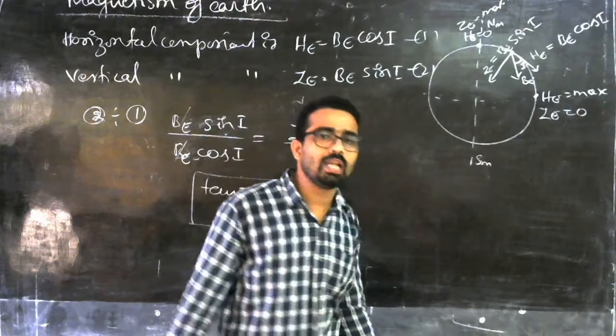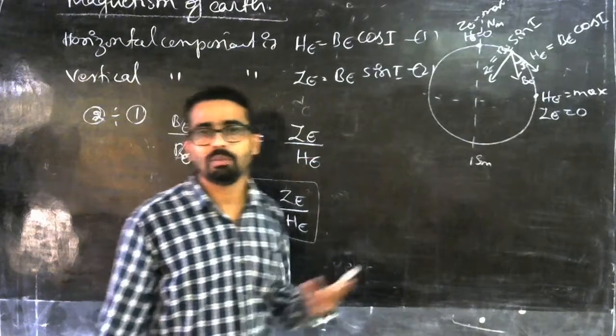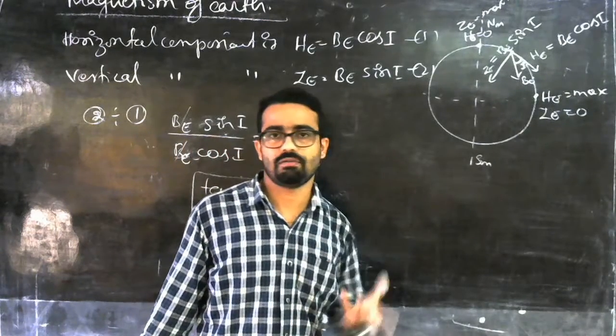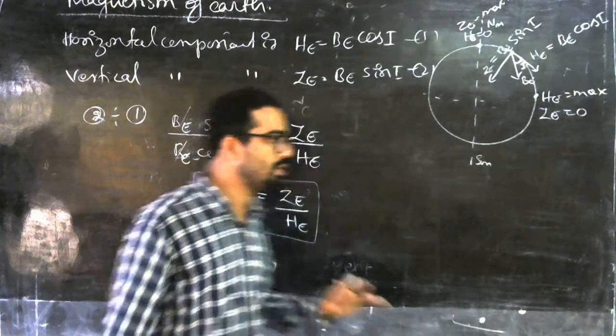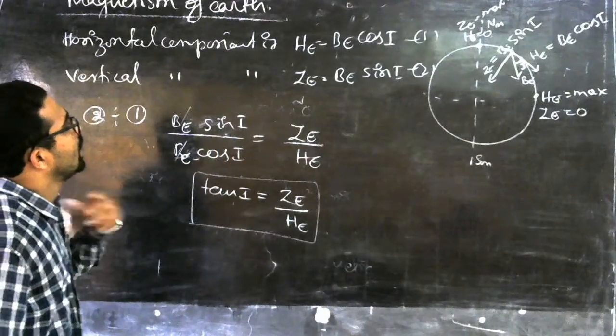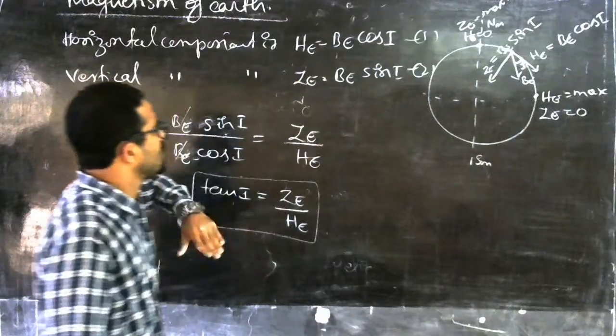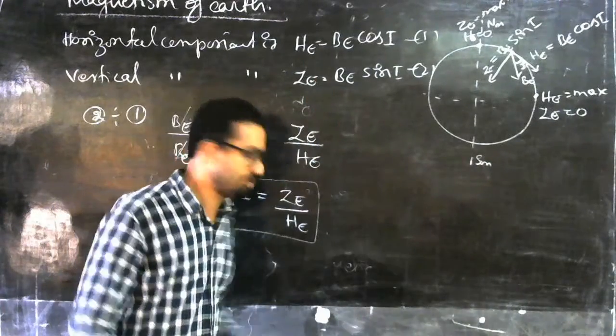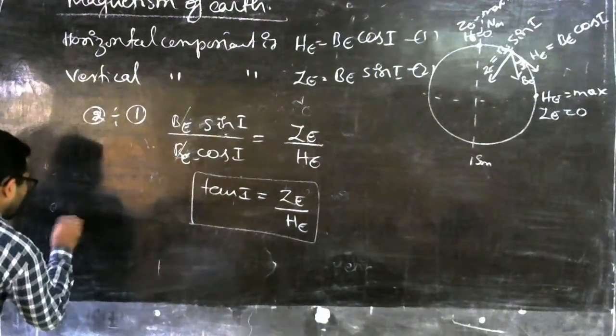The angle of inclination is different at different positions of the earth's surface. It will be very different. Let us see what happens to HE and ZE at the equator and at the poles.